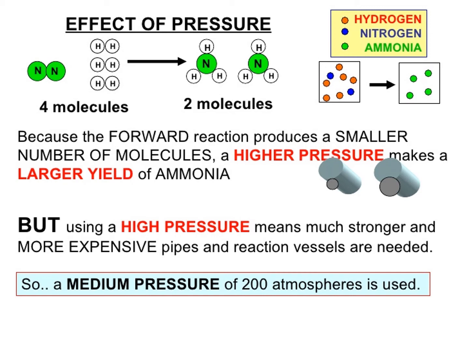When we increase the pressure, the reaction moves in the forward direction where there are fewer molecules. So because the forward reaction produces a smaller number of molecules, a higher pressure makes a larger yield of ammonia. But using a high pressure means much stronger and more expensive pipes and reaction vessels are needed. So a medium pressure of 200 atmospheres is used.